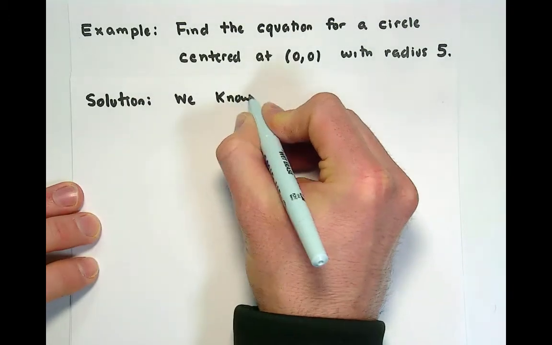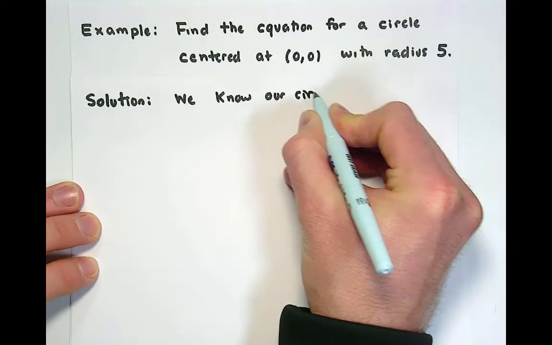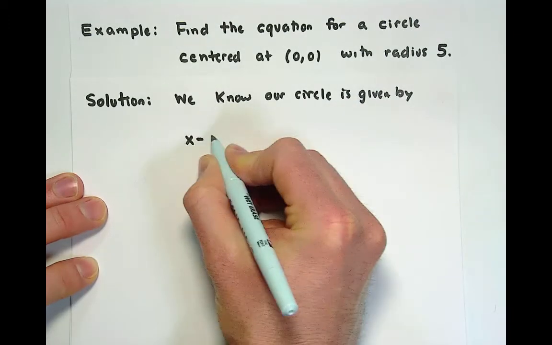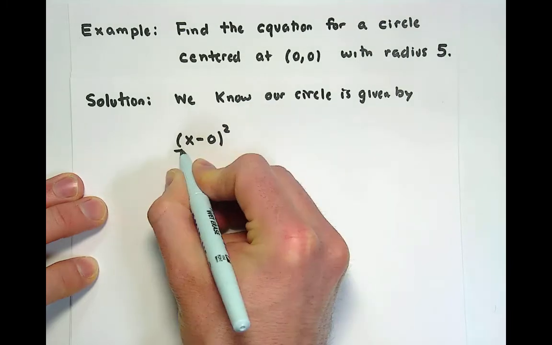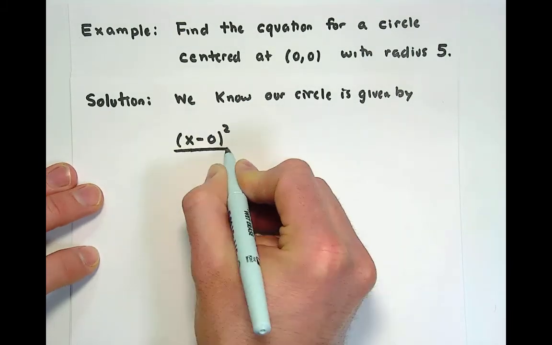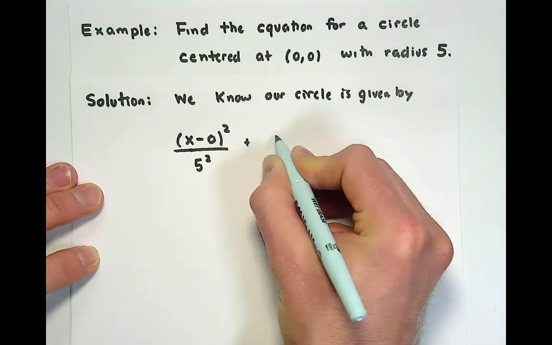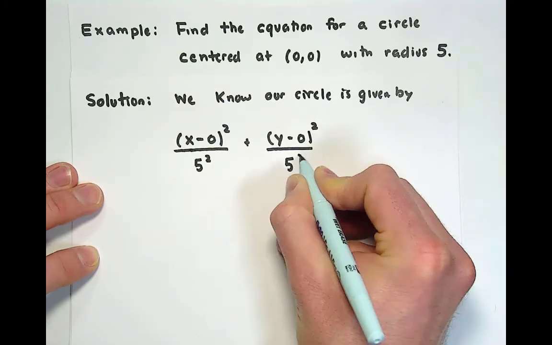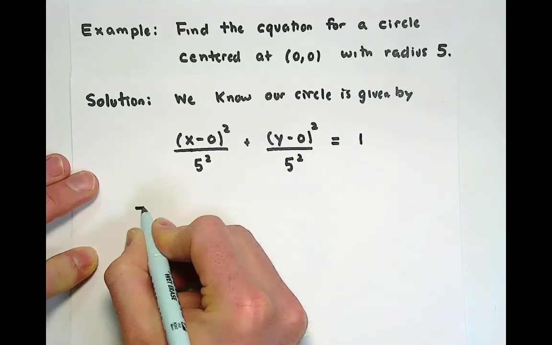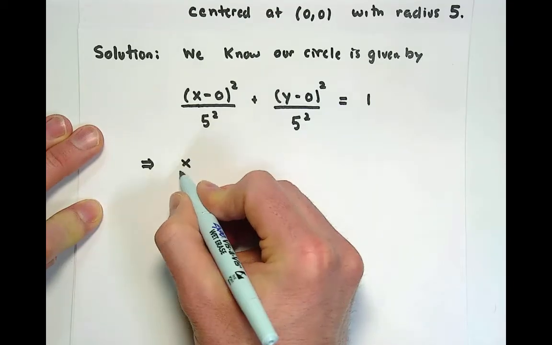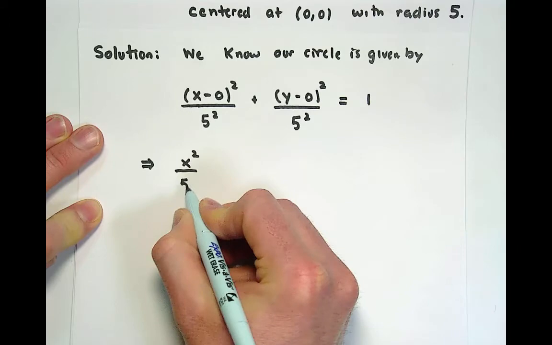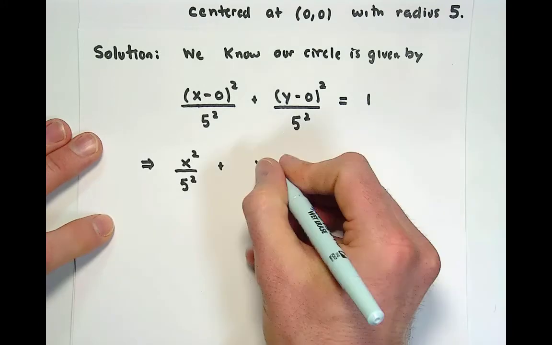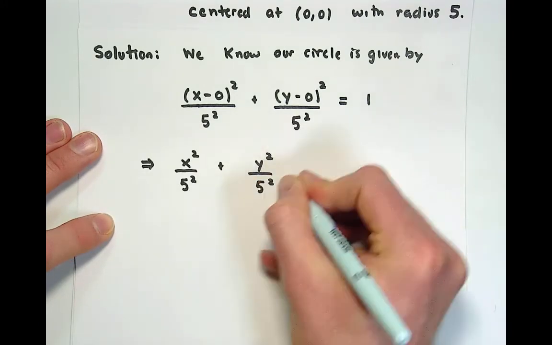We know that our circle is given by x minus 0 squared divided by 5 squared plus y minus 0 squared divided by 5 squared equals 1. Another way to write this would be x squared divided by 5 squared plus y squared divided by 5 squared equals 1.